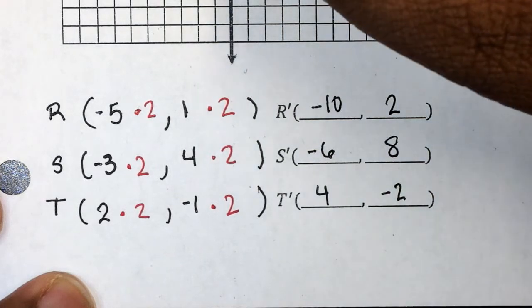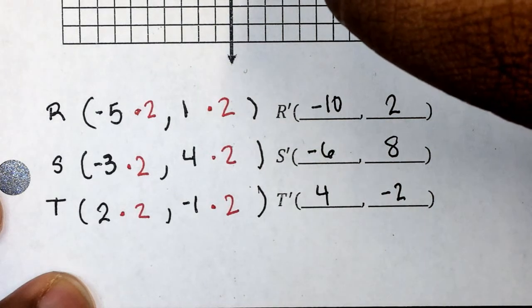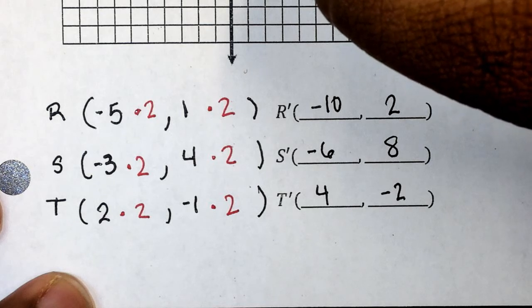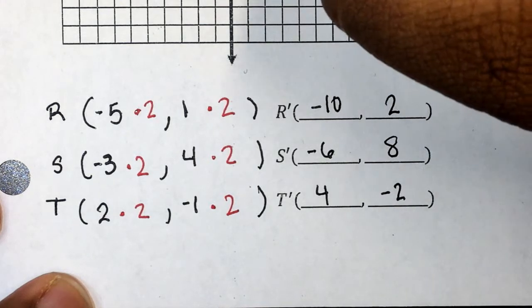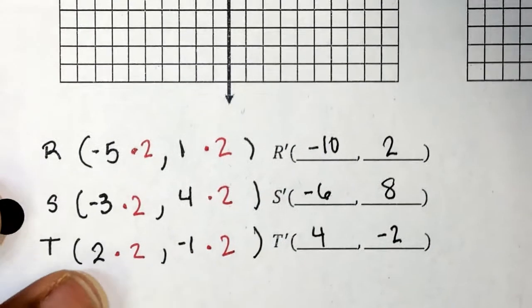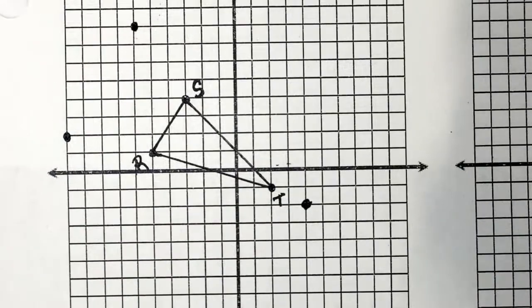And then 4, -2. This is me on the graph up here.